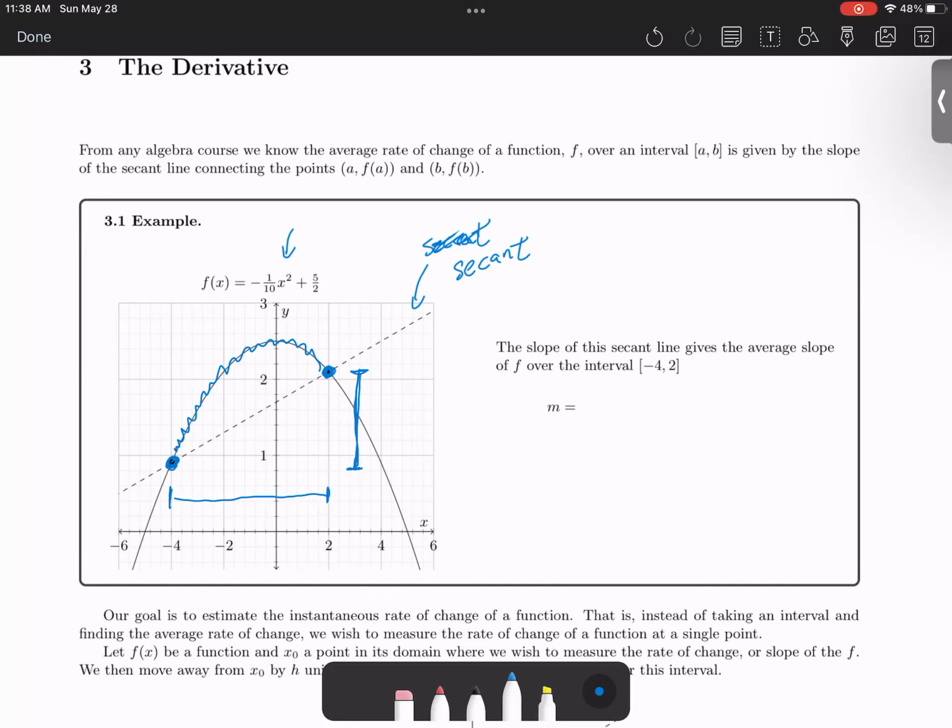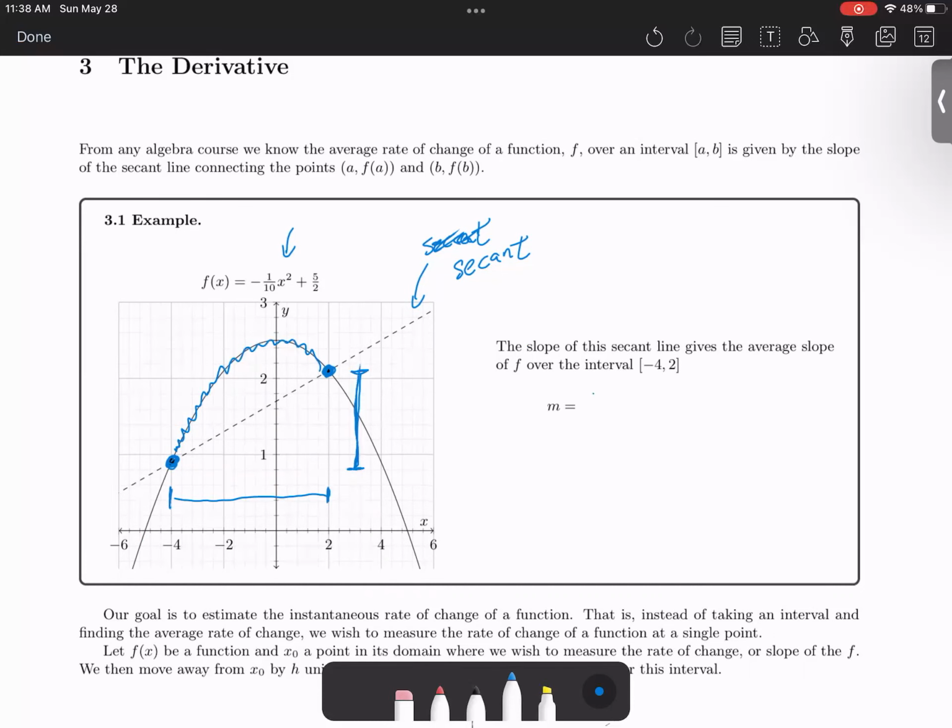Let's find the average rate of change of this function. So the slope of the secant line is changing y over changing x. The y value right there is on my function, so that y value is going to be f at 2.